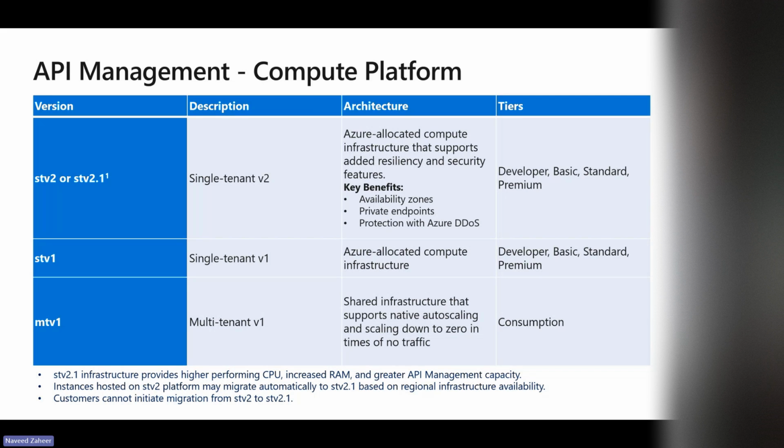These are some of the things that are made available as a part of this platform, and these two SKUs that have just come about, basic V2 and standard V2, are also a part of this STV2. And I will show you during the demo how you can see what the compute platform version of your API management instance is. So any questions so far?